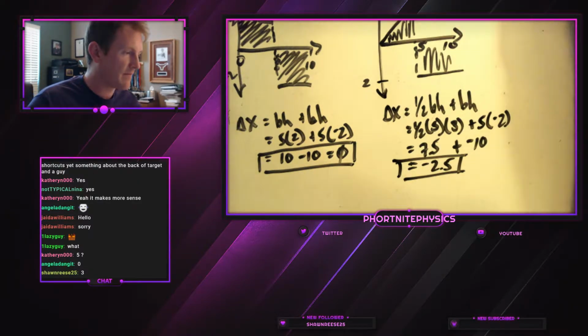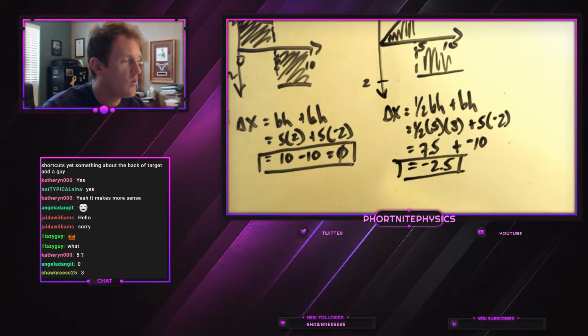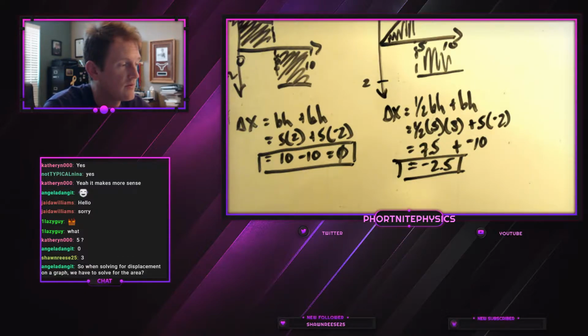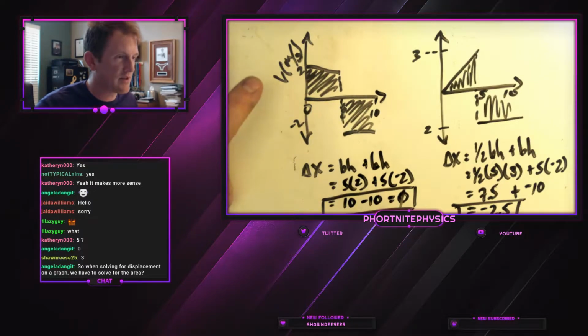Ask me a question. I got one correct guess and a couple of incorrect guesses. Okay. When solving for the displacement on a graph, we solve for the area. That is true when we have what kind of graphs? What kind of graphs am I working from right here?